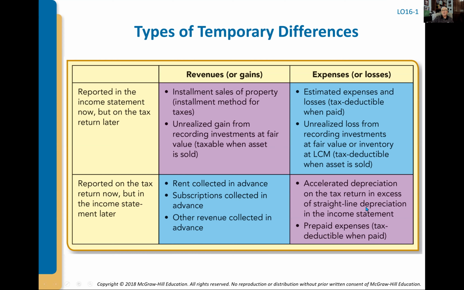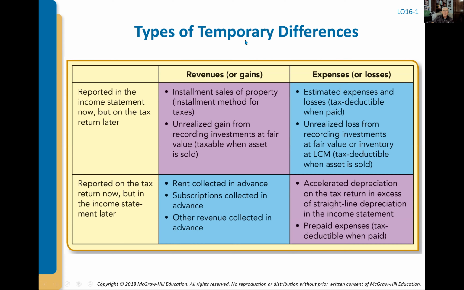So on these purple ones, because we're recording expenses earlier on the tax return, and recording gains, revenues, later in the tax return, the book income is higher than the tax return income. We've recorded greater expenses of depreciation on the tax return. So the tax return has a lower income, and we paid less taxes now.